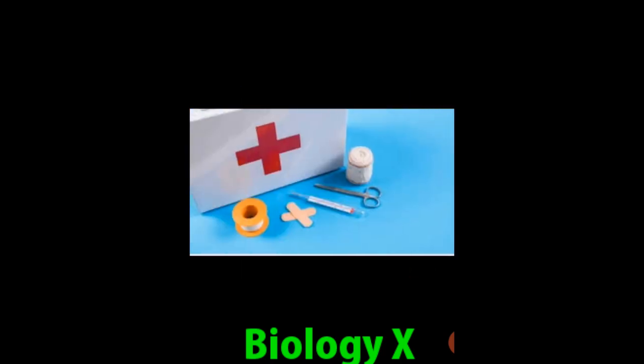On this topic, you should remember a first aid box. This shows you the items that are present in the first aid box. We need a first aid box. So, what are the things required there?